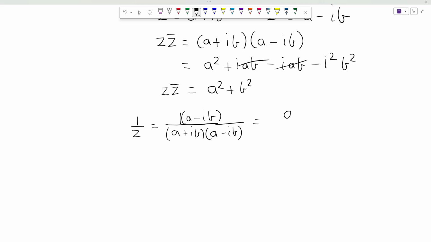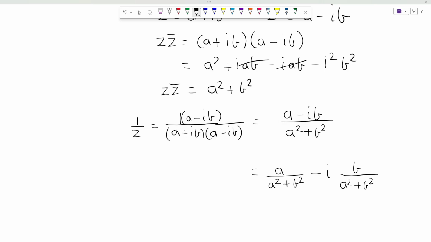So this will be equal to a minus iota times b all over a square plus b square. And this can be split up as a over a square plus b square minus iota times b over a square plus b square. So this is the reciprocal of a complex number.